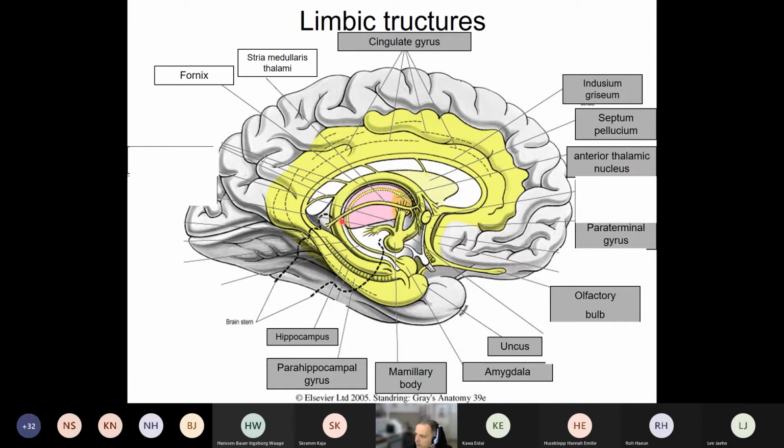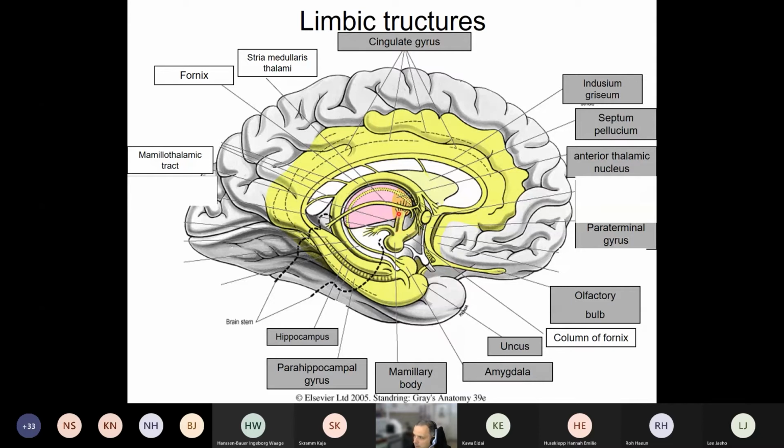I just mentioned the fornix, and the parts of the fornix you are already familiar with, because it belongs to the walls of the ventricles, the medial wall of the central part. If you can recall, in the lateral ventricle the crus was mentioned, and then downwards the column of the fornix contributes also to the anterior wall of the third ventricle, so this is also already familiar to you.